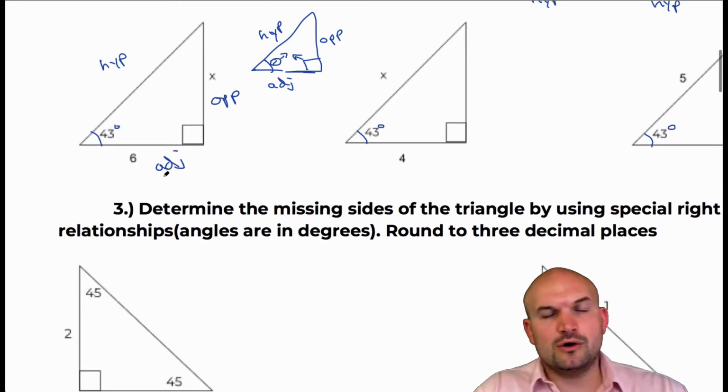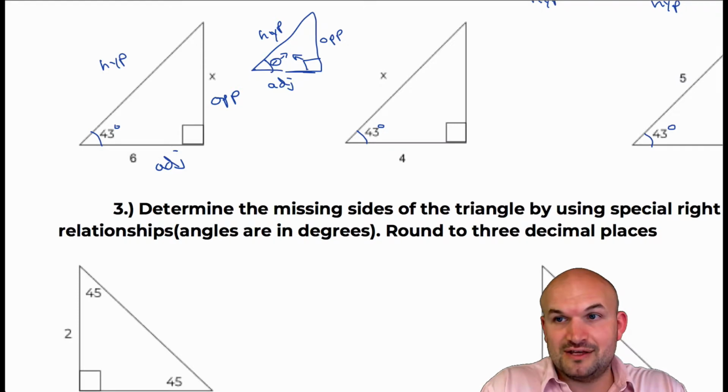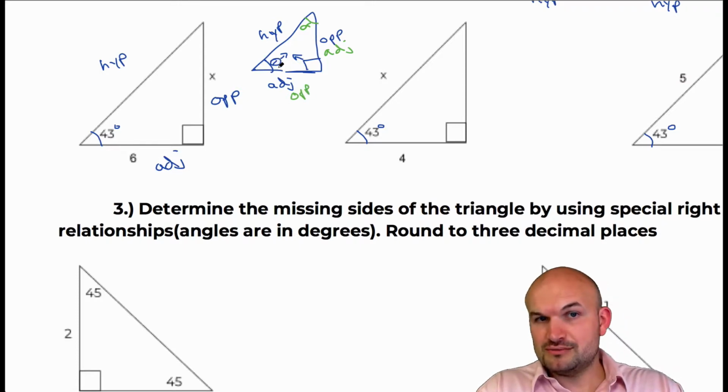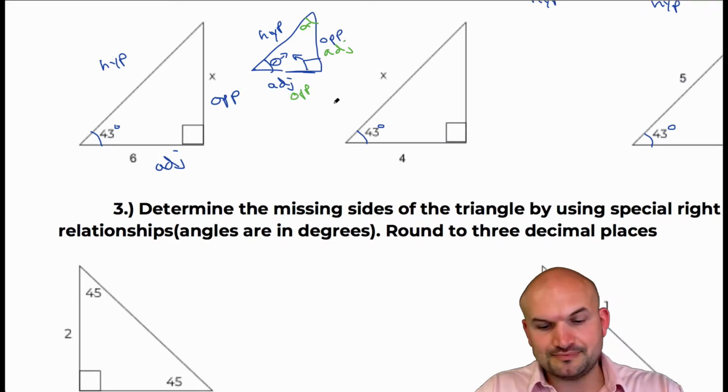And just a little forewarning, remember that this all changes based on where my angle is. So for instance, if I use alpha and put my angle up here, then this is no longer the opposite side, that's now the adjacent side, and this is the opposite side. The hypotenuse never changes, okay? So just a quick little disclaimer just to make sure we're all on the same page.